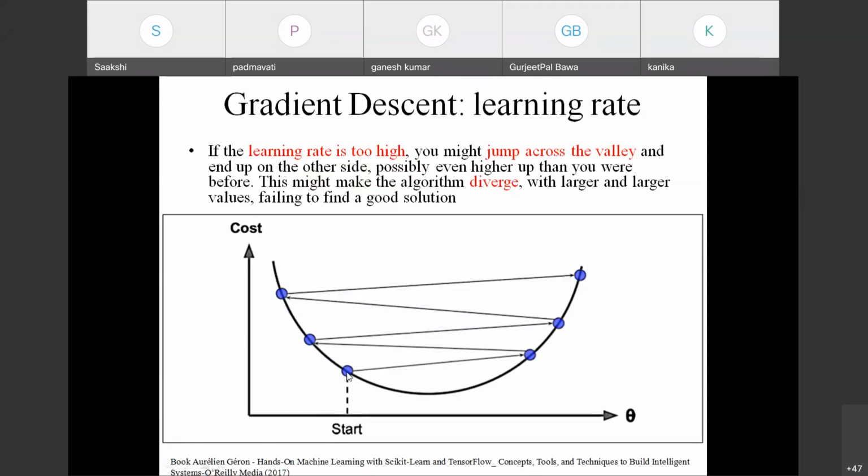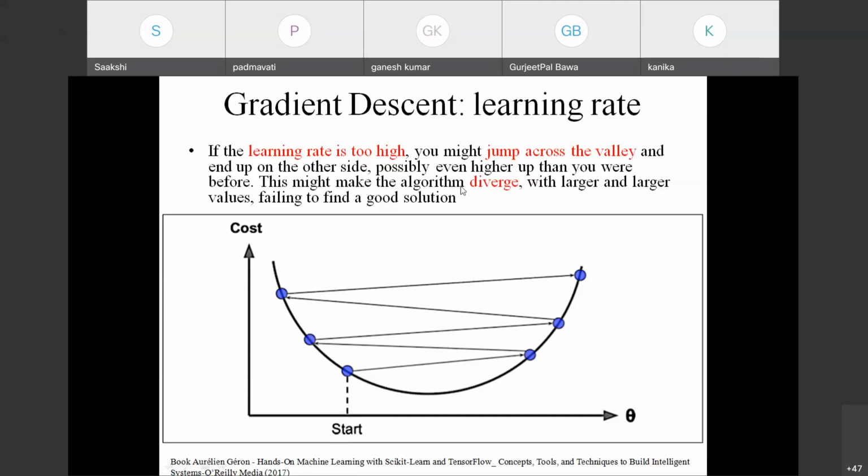Here you started with this particular value, W naught, and computed some cost. That cost is this, correct? And now what if my learning rate is high? Previously I was able to reduce the cost from this point to this particular point, to some extent.